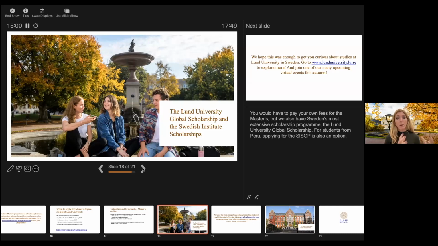There's also a national scholarship for professionals. And this is, like I said, a national application. So you apply to the program that you want to study first at the university where you want to study, and then you can separately apply for the national scholarship. And it is based on other criteria. So you would have to carefully look into the requirements at the Swedish Institute website.